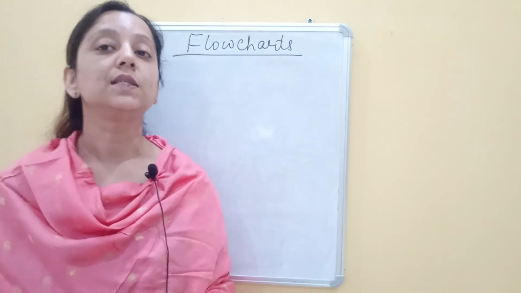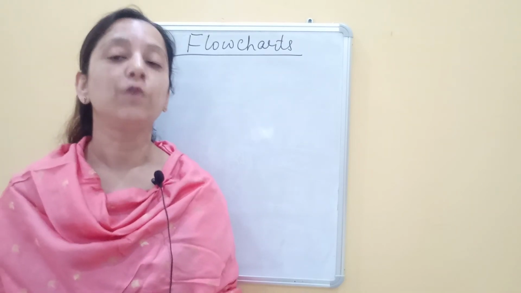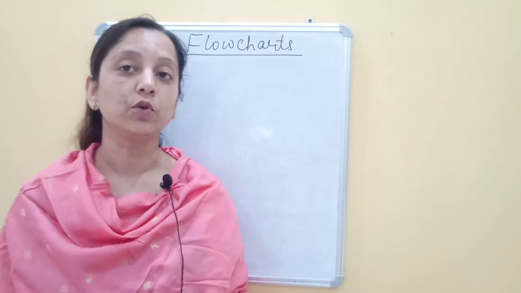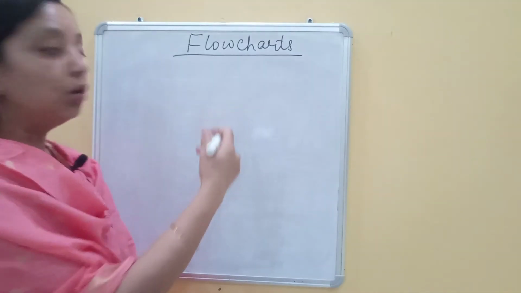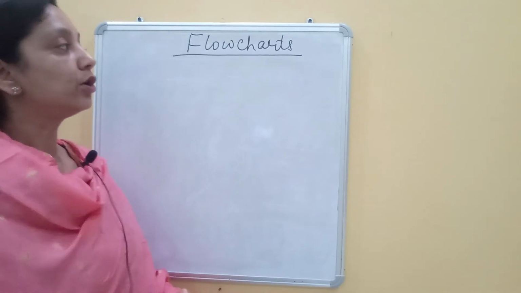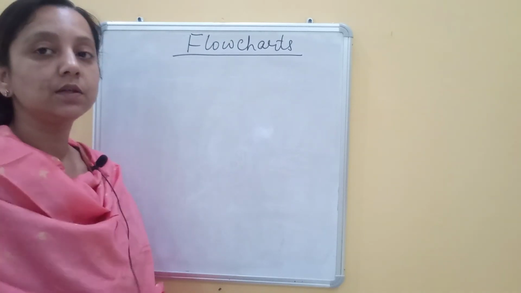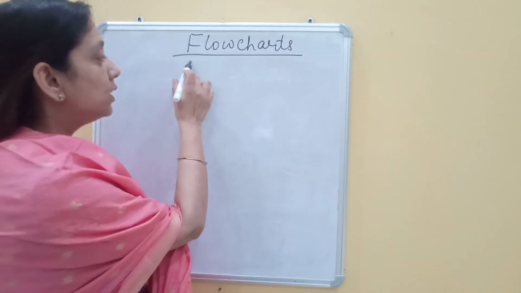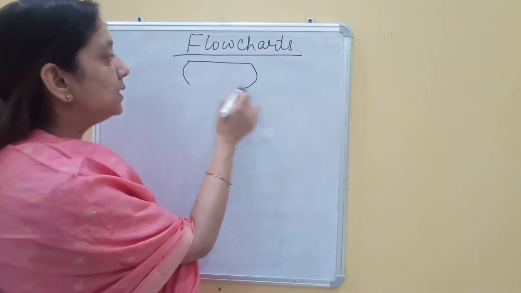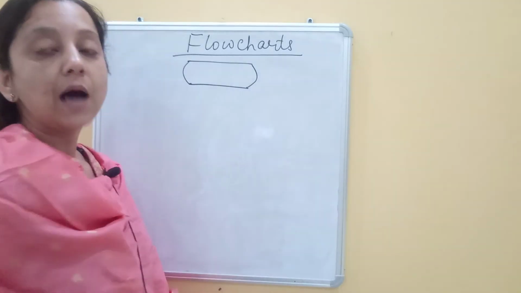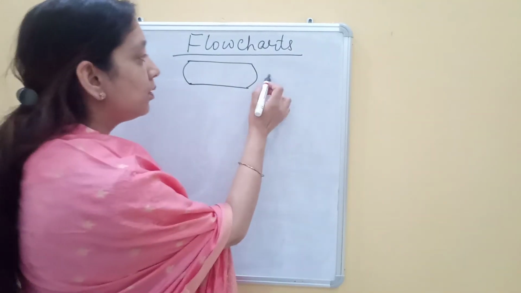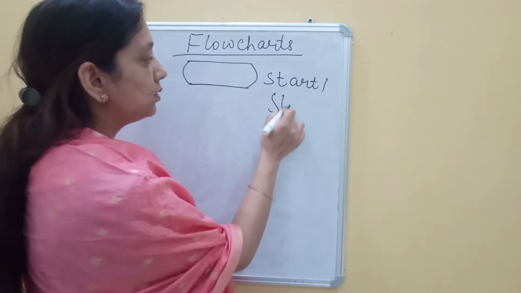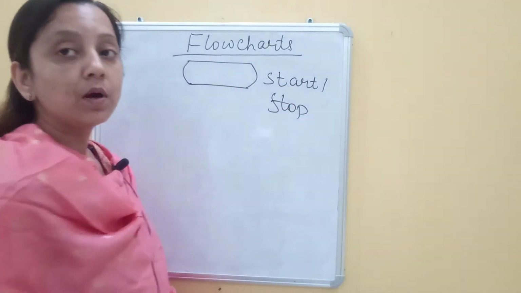Now before I start with the flowchart, we should know the basic symbols which are used in a flowchart. Since it is a pictorial or graphical representation, there are certain symbols which will be used. The first symbol is the start or stop box.